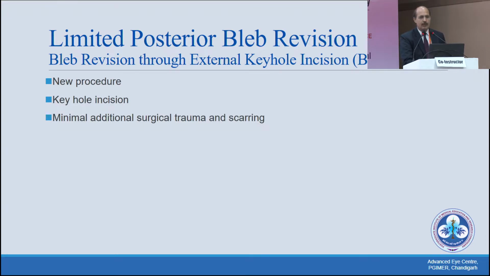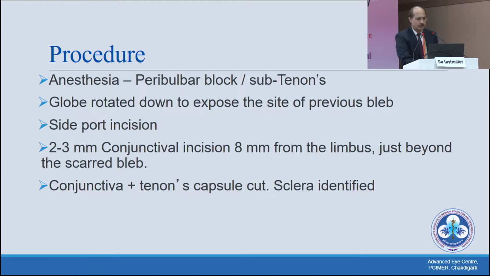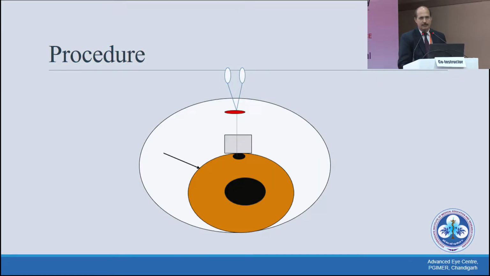The advantage is that you are making a smaller incision and dissecting less, so it leads to less tissue trauma and hopefully less fibrosis. It could be done under peripheral anesthesia or even subtenon's infiltration. The globe would be rotated downwards, and you need a side port to keep access to the anterior chamber. I'll show you in the video next, first the diagrammatic representation of the basics.